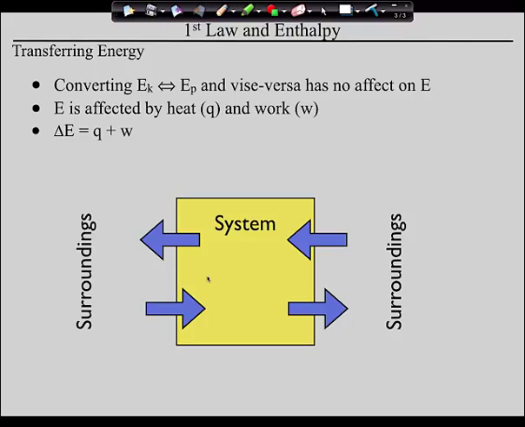Unlike physics, where do chemists put themselves? In the system. There you are. So our frame of reference is always in the system. If our frame of reference is always in the system, and we're going to call this left side work, ready?